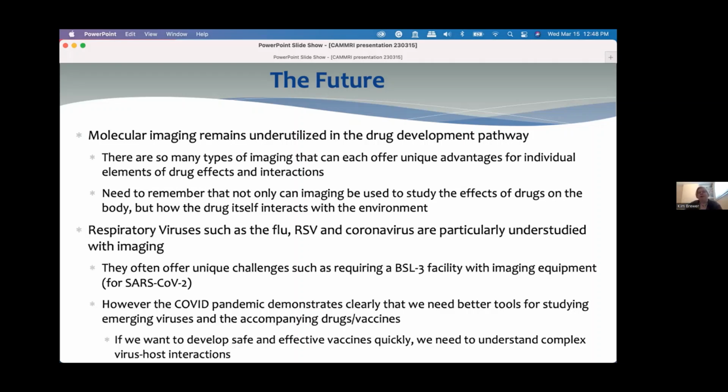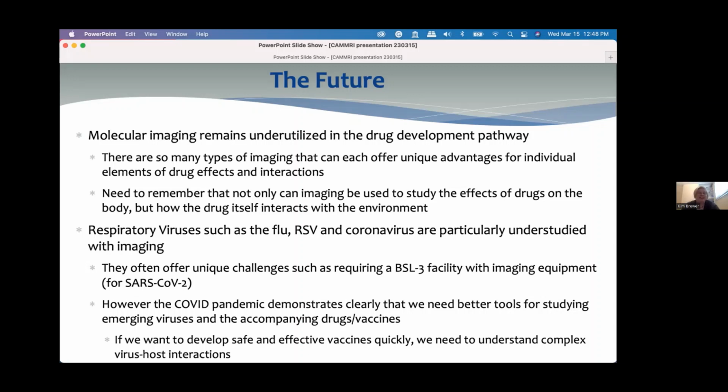Another area that we're pushing into in the future are things like respiratory viruses. So obviously, COVID made a huge impact on society. But the flu, RSV, and coronaviruses in general are extremely understudied with imaging. That being said, they have their own challenges.